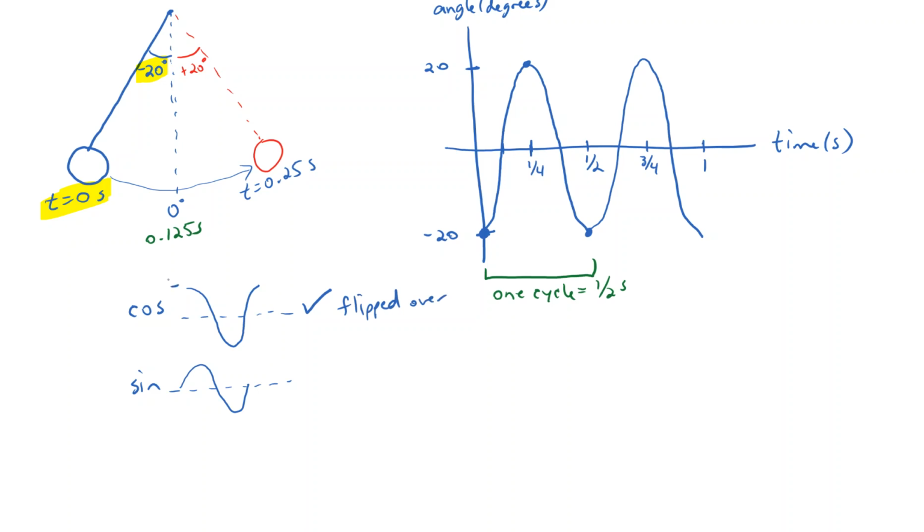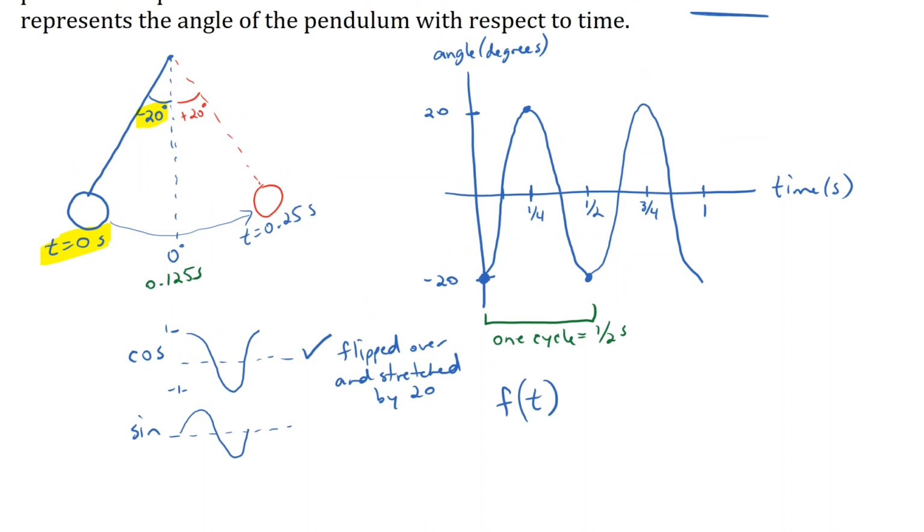And remember, cosine typically is between -1 and 1. It's flipped over and stretched by 20, because instead of being 1 and -1, it's at 20 and -20. So this function, let's call it f of time, t in this case, f of t, this is our t-axis, this is our y-axis, our f-axis if you want. f of t is going to be negative 20 times cosine.